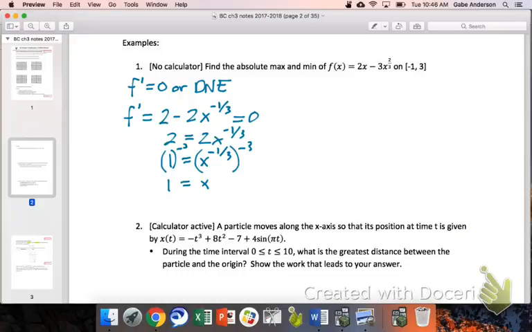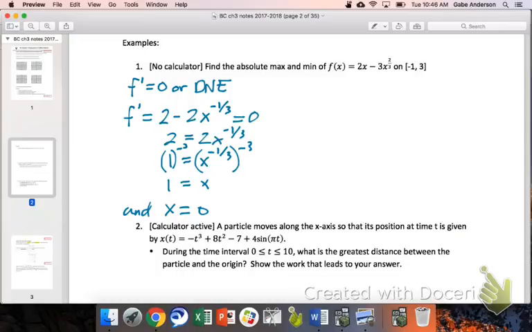That's a critical number. There's another one. Do you know what it is? Takes no algebra steps whatsoever. Those are endpoints, which are not necessarily critical numbers. Those are candidates, though. We'll use those. There's x equals 0. Why is x equals 0 a critical number? Because x to the -1/3 has a negative exponent, so it's really a denominator, isn't it?